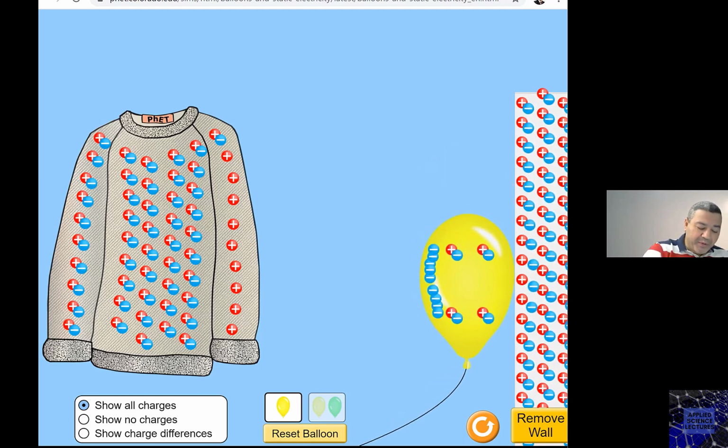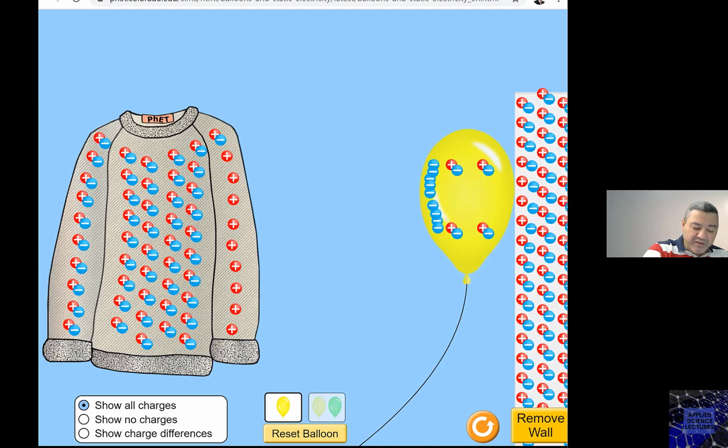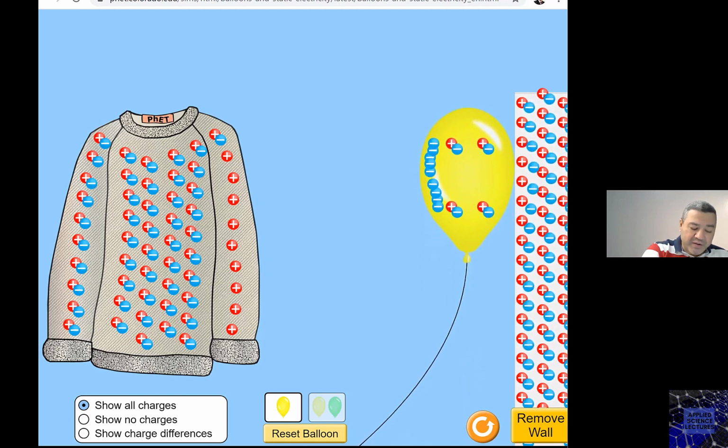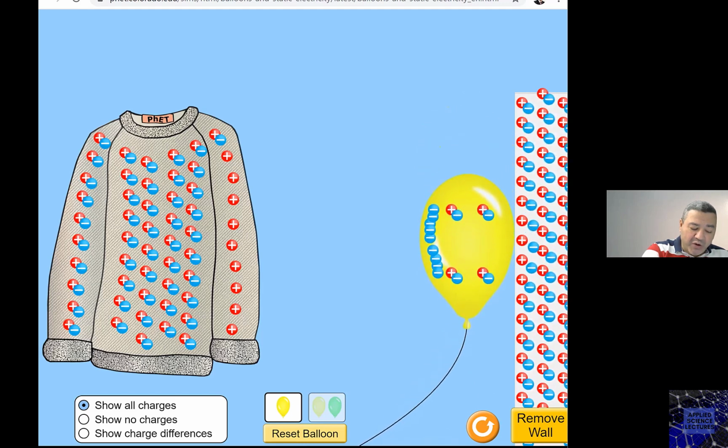Because the balloon is electrically negative and the charges inside this wall will not jump to the balloon. They will move freely in the wall. As you can see here, the negative charges, the electrons, moved away.